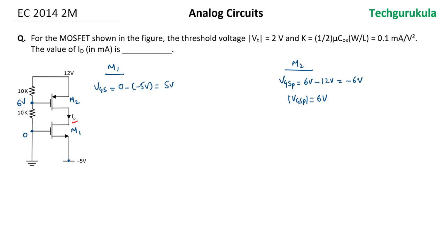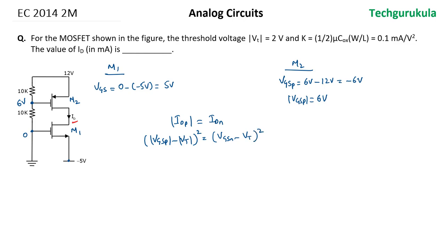If both the transistors were in saturation region, given that K is the same for both, it is not possible, because if we have to have IDP magnitude equal to IDN, then as half mu Cox W by L is equal, VGSP minus VTP whole square should be equal to VGSN minus VT whole square.